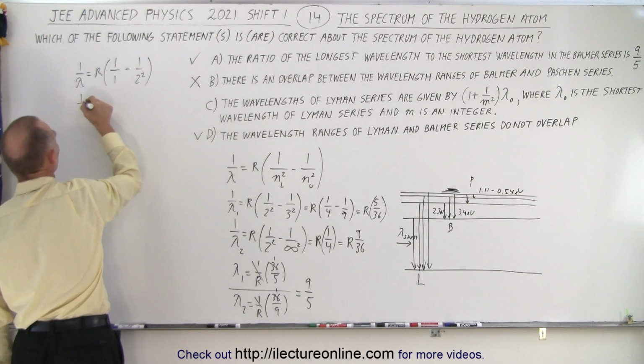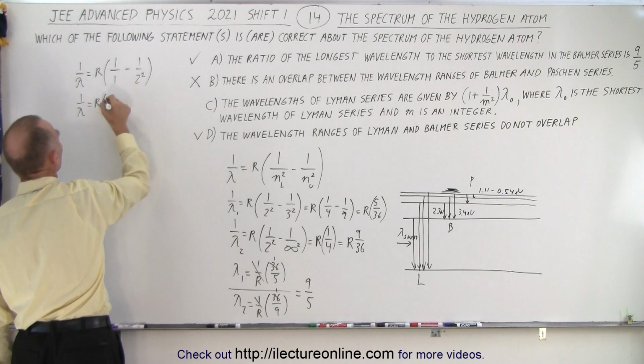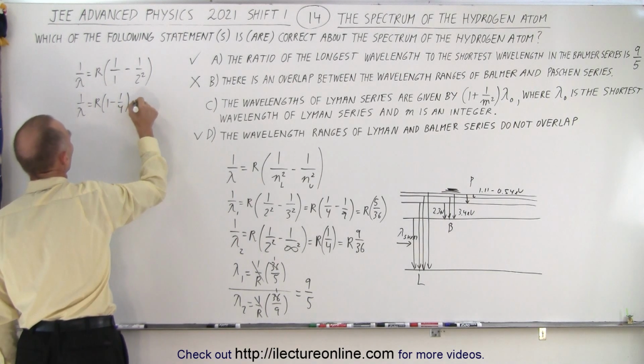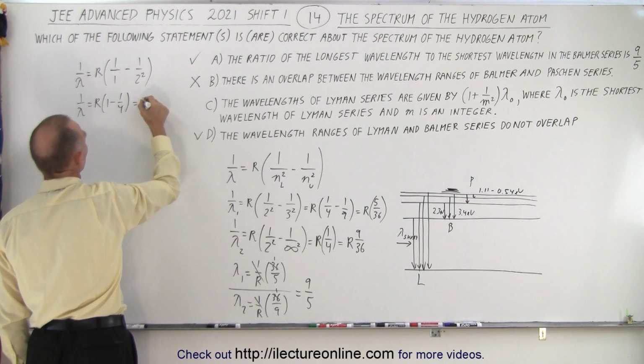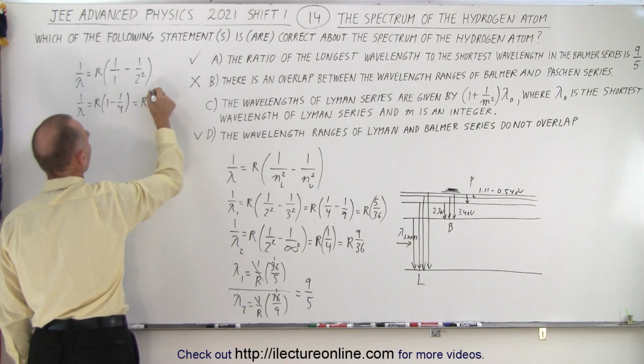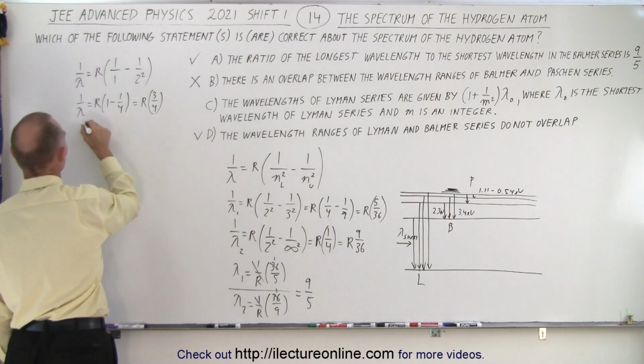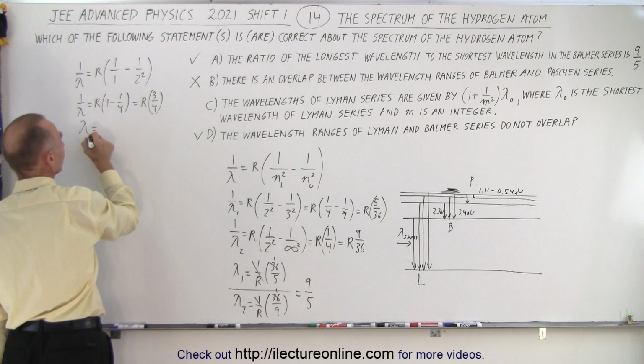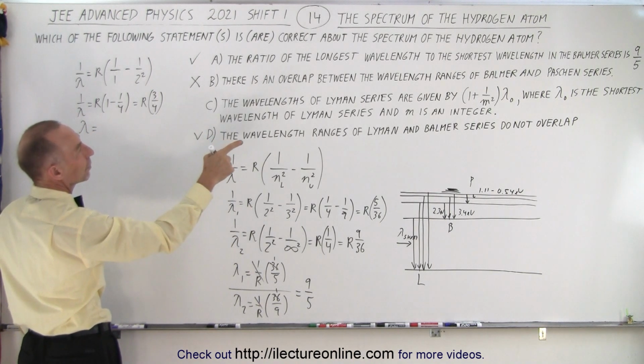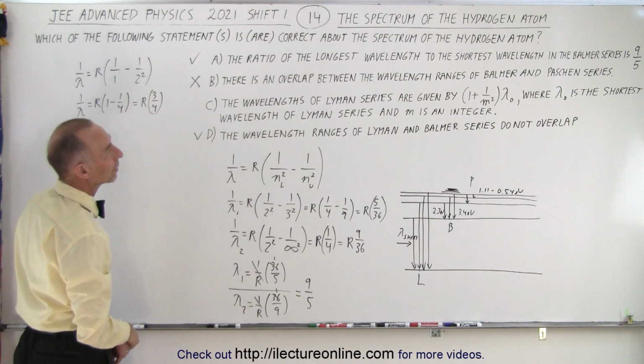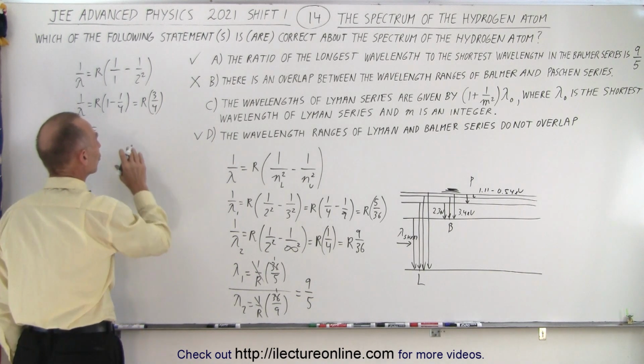So 1 over lambda is equal to R times 1 minus 1 over 4, which is equal to 3/4 R. Which means that lambda is equal to, this is the shortest lambda, right? So we're looking at, given the wavelengths of the Lyman series are given by that, where lambda sub naught is the shortest wavelength.